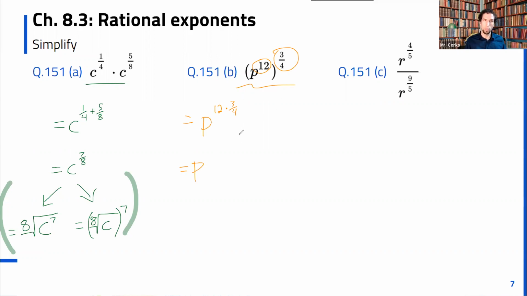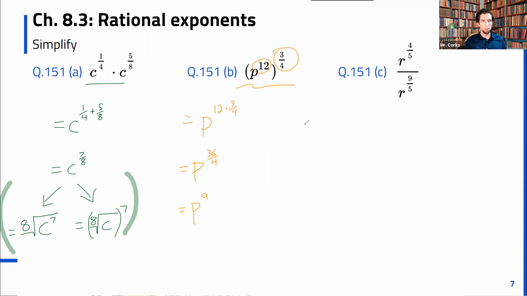So what is 3/4 of 12? Or we could rewrite this as 36 over 4 and then simplify the fraction, and we will get p to the exponent 9. So just multiply the two numbers together.